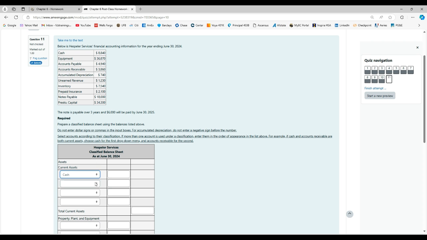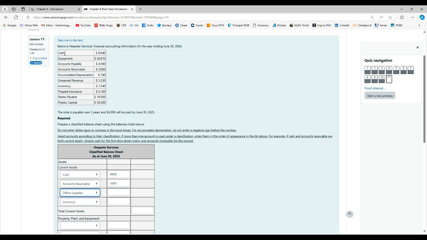Okay, again, in order of liquidity, we have cash, accounts receivable. I think office supplies will go before inventory. We'll see if we get dinged for that. So I'm just copying these down. Oh, wait a minute, sorry. Office supplies isn't even actually in here.